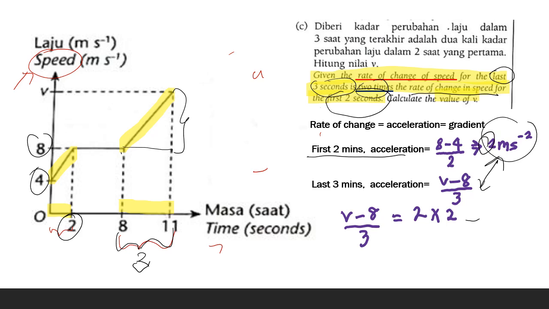This one. These 2 come from here. These 2 is because of 2 times, from the question. So you solve your V. You get V is 20, right?